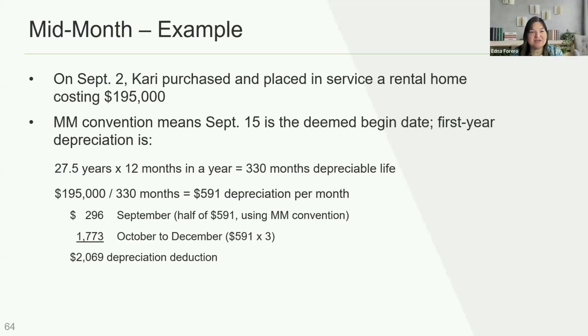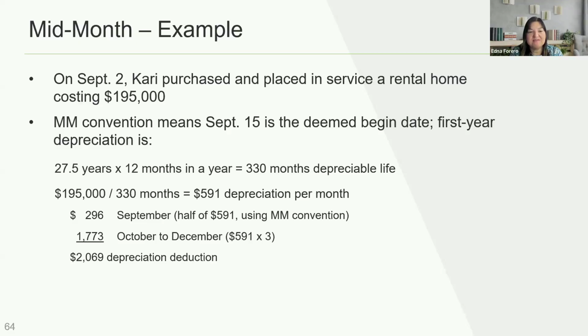Here's an example of that for you. So on September 2nd, Carrie purchases and places in service a rental home costing $195,000. So mid-month convention means September 15th is the deemed beginning date. And so for the first year, it's 27.5 years, 12 months in the year, so 330 months of depreciable life. So we take 195,000, which is the cost, divided by that 330 months, and we get depreciation of $591 per month.